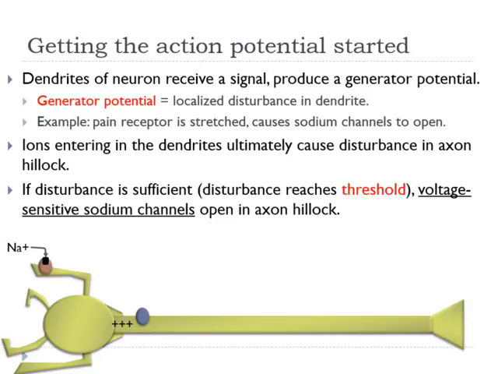These are little channels that have a particular property, and on the homework it goes into and gives you a chance to see how these things work. They're just little machines. There's nothing magical about them. They can detect changes in voltage, changes in charge environment around them. And if you get enough of these ions coming in from the dendrites, getting down into the axon hillock, then they will start to open down here in the axon.